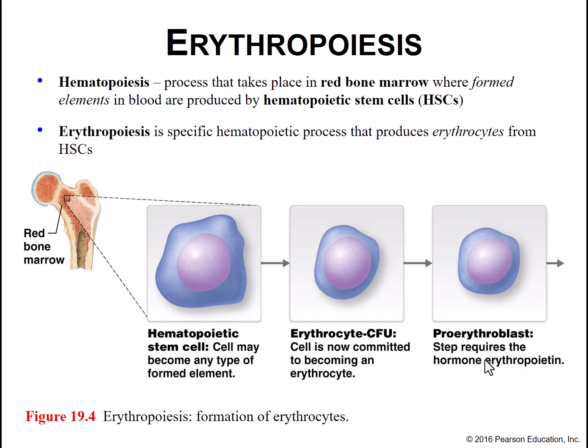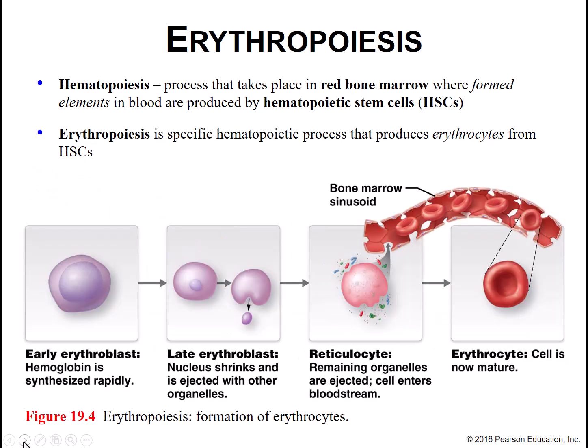And if you recall, erythropoietin is one of those hormones made by the kidney. It pushes it to a pro-erythroblast. Then it becomes an early erythroblast. At this time, your rough endoplasmic reticulum and Golgi are rapidly synthesizing lots of hemoglobin, because that's what it's eventually going to be, just a big bag of hemoglobin.